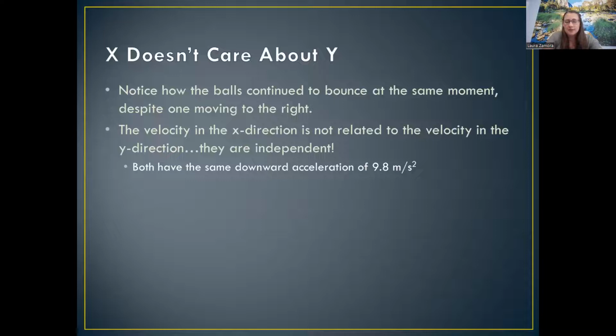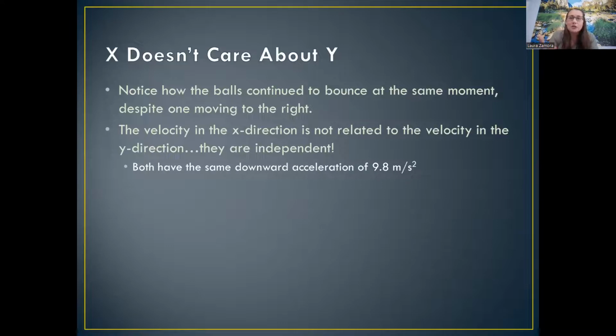That means that x, our horizontal motion, does not care at all about our vertical motion, our y motion. Those two motions are not related to each other. They are independent of each other. That's why it's really important, as we make lists of our variables and what we're given in problems, to pay attention to what direction we're talking about.